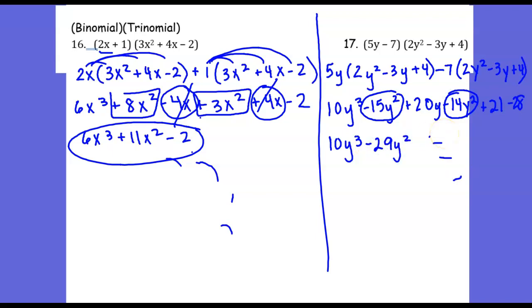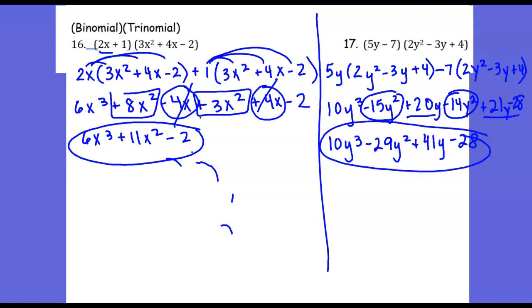Then we have our 20y and 21y, so we should get 41y. So that's plus 41y, and then it's minus 28.